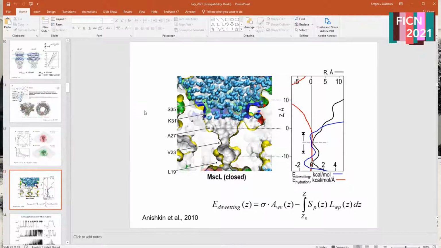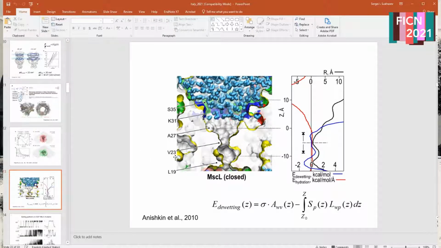Okay, dewetting. Dewetting is the thing that we noticed in our first simulations and documented. This is a slightly exaggerated snapshot because the water may penetrate a little further down here. It is a very important point that the gates formed in E. coli mescal by V23 and L19 are absolutely dehydrated.